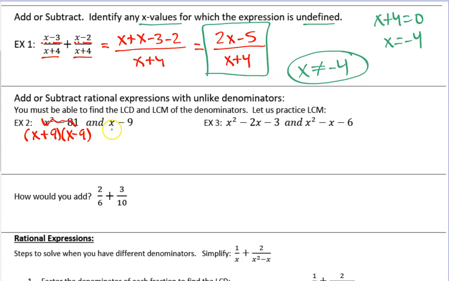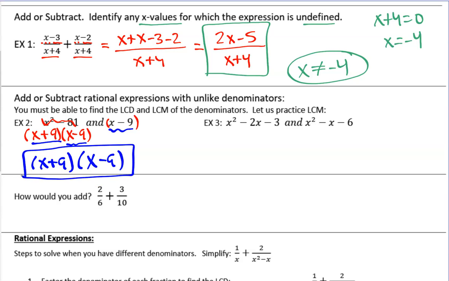And then our other factor is just x minus 9. So what are all the different pieces? I see an x plus 9, so that's one of my factors. And notice they share x minus 9. So that's the other factor. This would be the least common denominator for that problem. It has to have each piece of my factors.